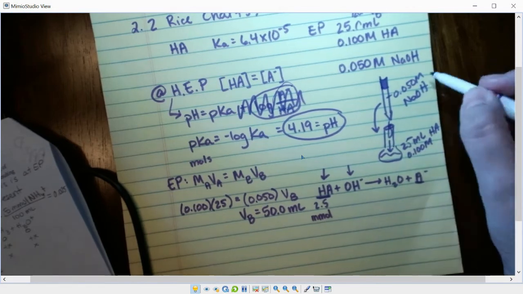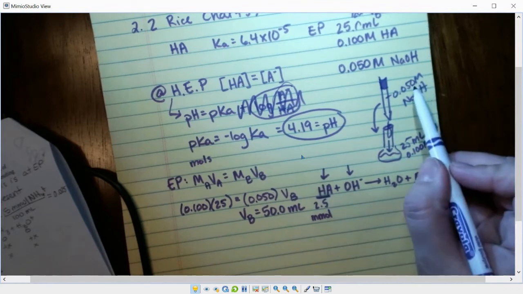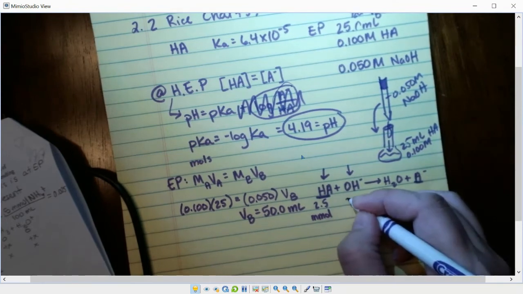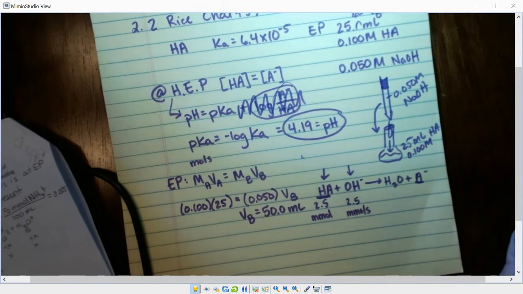And then after we add 50 milliliters of 0.05 molar sodium hydroxide, that's equivalent to 2.5 millimoles of base. So that's what we've done. We've mixed those two things together. So these two things are neutralizing each other.